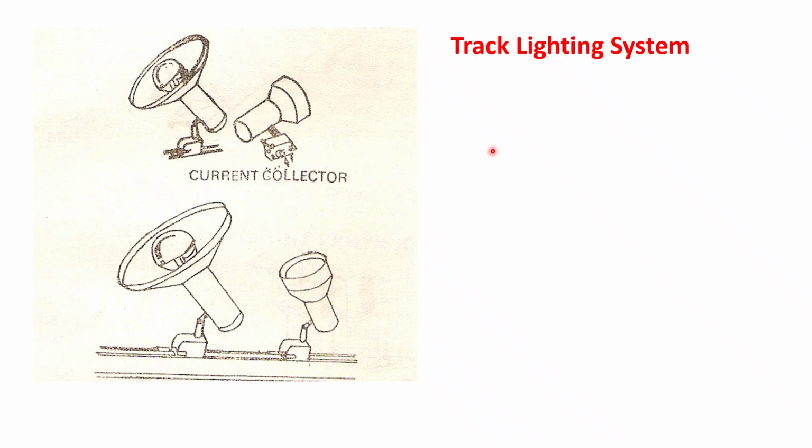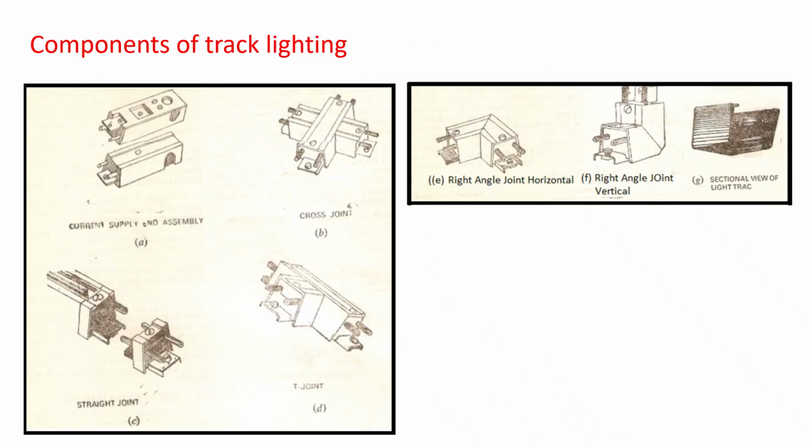This diagram shows the track lighting fixture with its current collector. This is the current collector which collects current from the running bus. Friends, different components of the track lighting systems are shown here. This shows the current supply assembly.